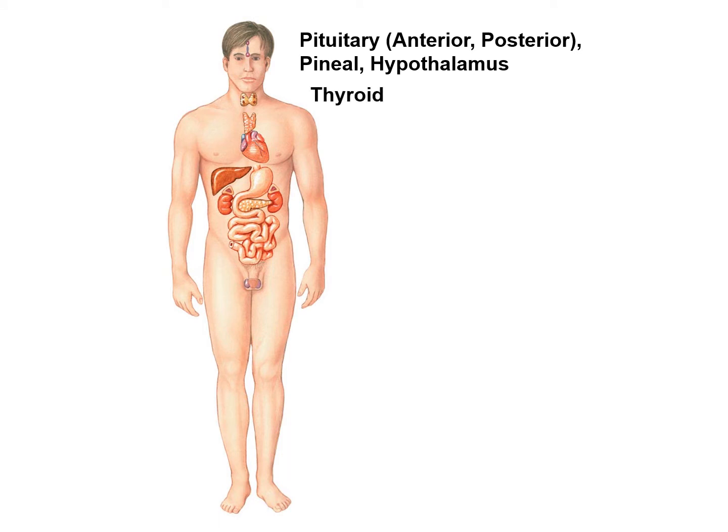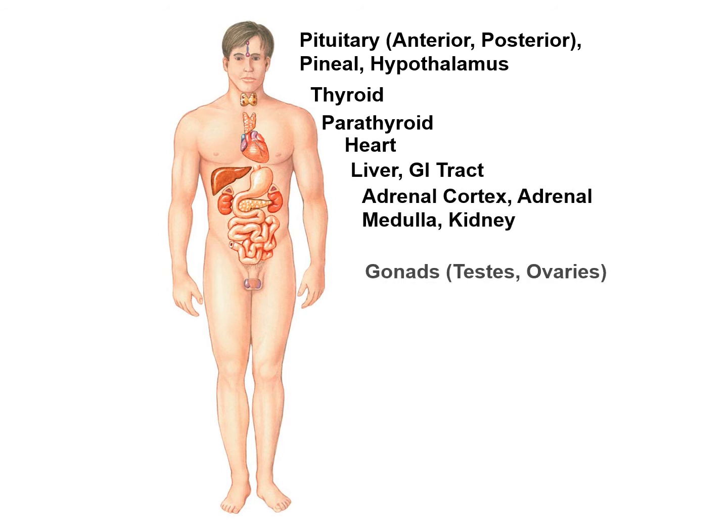Lots of different tissues are endocrine tissues that secrete hormones. It's a major, major interface between the central nervous system and the rest of the body. So the heart actually secretes hormones, kidneys, gonads, the adrenal cortex and the adrenal medulla, the liver, skin, fat.